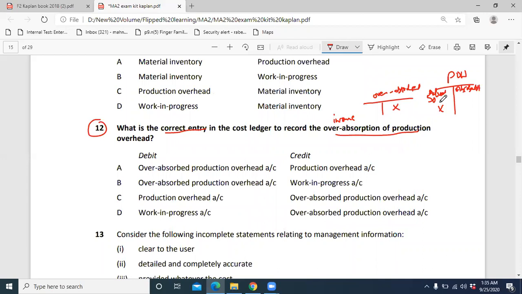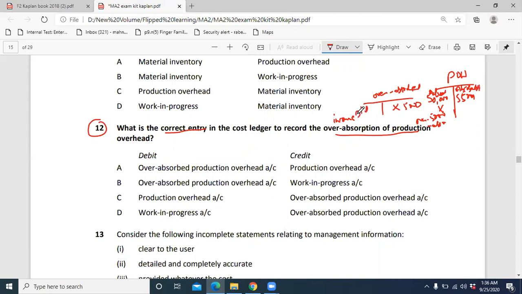For example, actual production overhead incurred was 50,000, and we actually absorbed 55,000. Where do you think this 5,000 would end up? In the debit side, right?